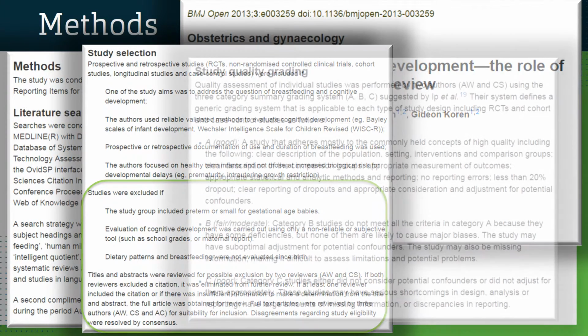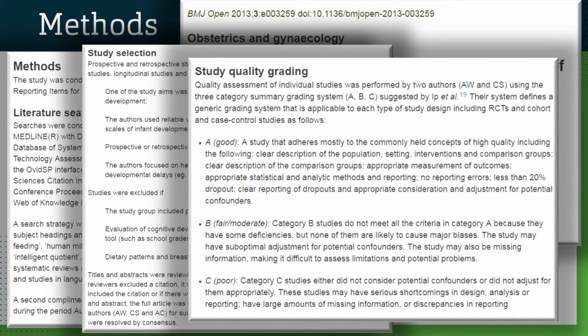Finally, they graded these studies according to those which were considered good, that is, not complicated by confounding elements, fair, or those which might have included confounding elements but could have avoided being affected by them, and poor, those studies that had serious confounding elements which would have altered the study's results.